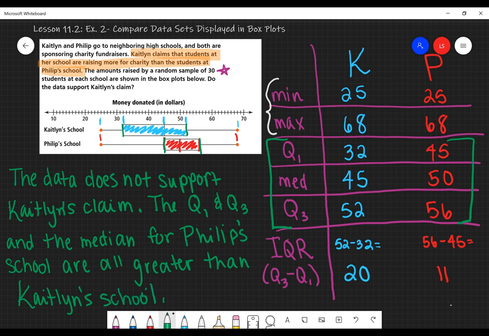If Caitlin's school was raising more money, their quartiles and their median should be higher than Philip's, but this is not the case. So the data does not support Caitlin's claim.